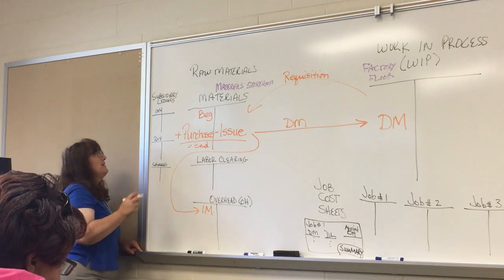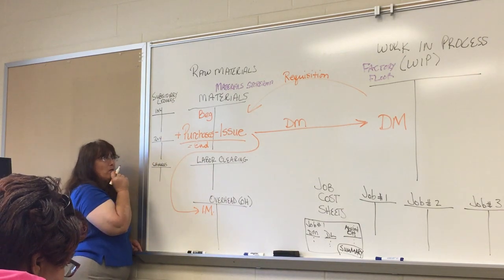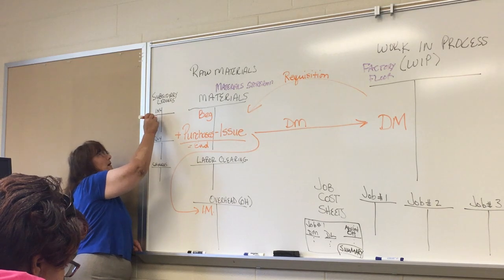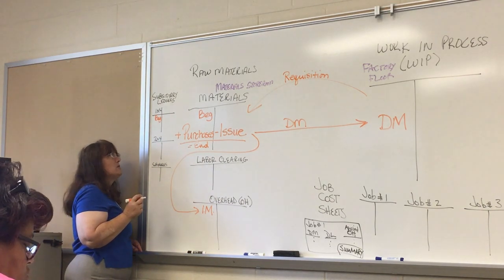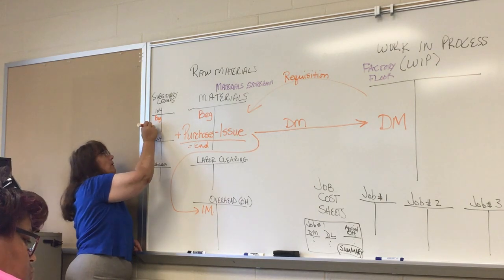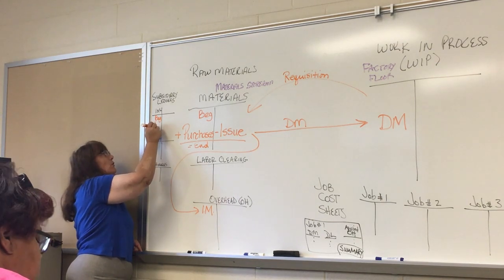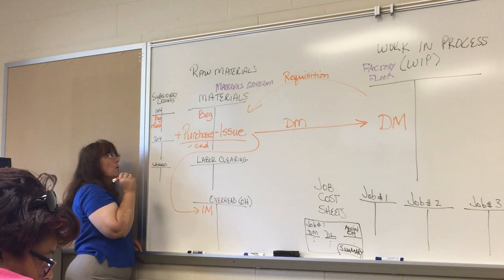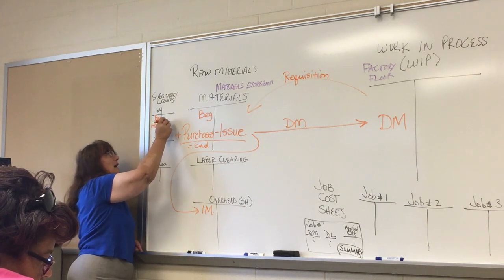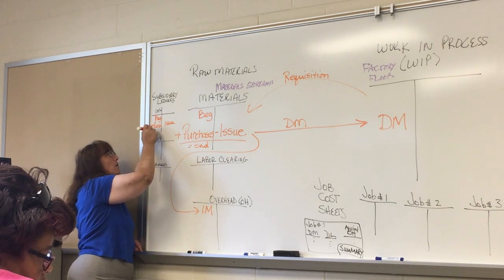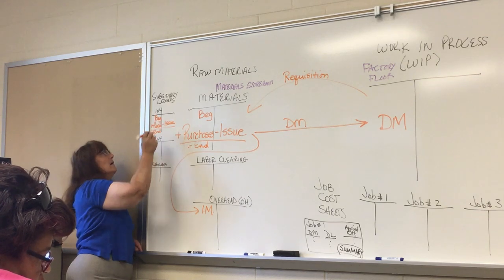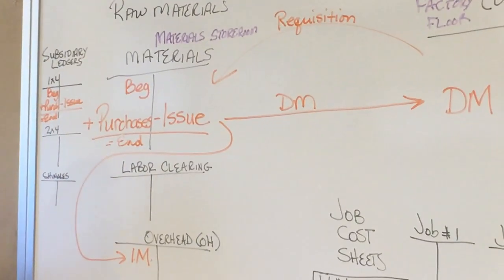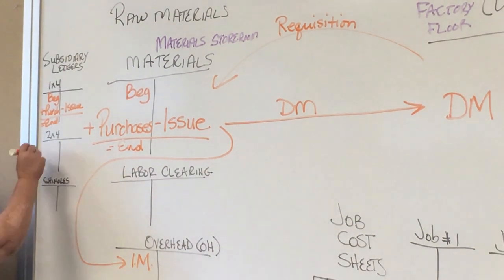Now, if I take also on these subsidiary ledgers, okay, I have the beginning balance of 1/4s plus what I purchased of 1/4s minus what I issued of 1/4s equals my ending balance of 1/4s. Same thing, 2/4s.